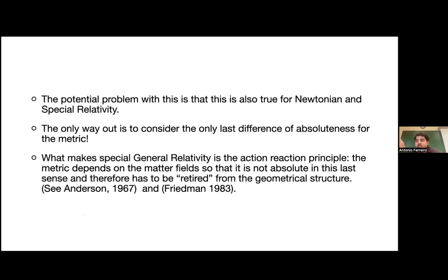Now, what GR is really telling us, if we take this as the core, is that the metric is no longer absolute in this third and last definition that we had, which forces us to take it off of the space-time structure. And then we can make sense of the whole principle of relativity, of the full covariance group and Einstein's theorem.